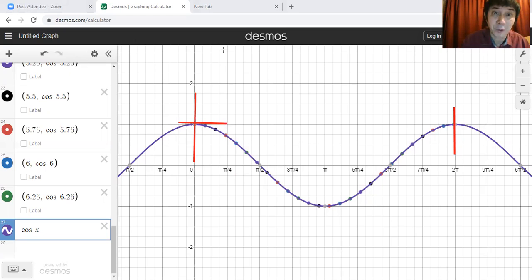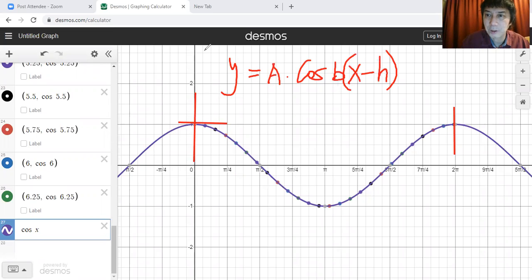I'm talking about this: amplitude cosine bx minus h plus k. This is the amplitude. This is for the period and frequency. This is for horizontal translation, and this is for vertical translation. The effect will be the same as what we did in sine.